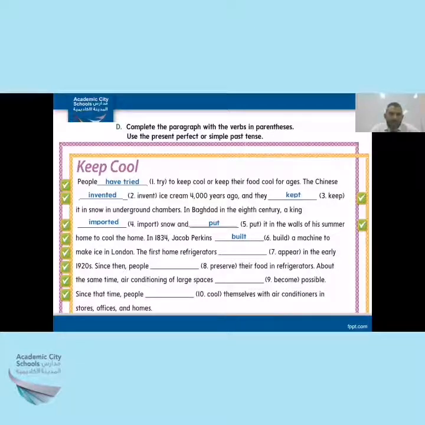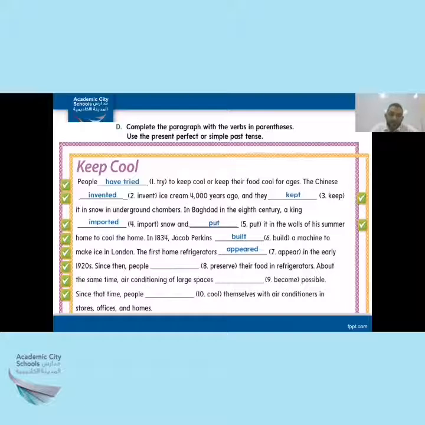Number 7. The first home refrigerators space in the early 1920s. Here we have also past date or past time, 1920s. So we use the verb 2 of appear. Excellent. It's appeared. Appeared also is regular, so here we add ed.